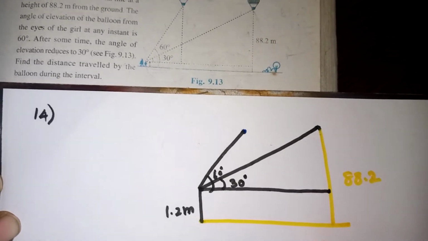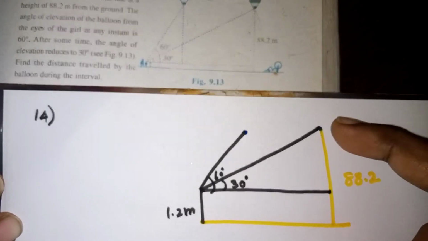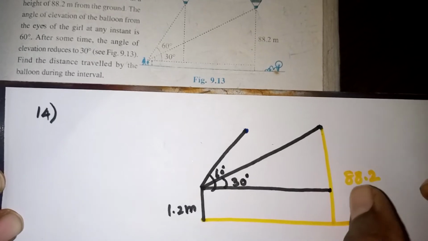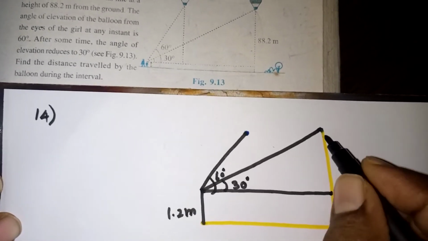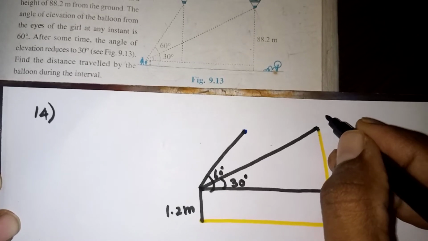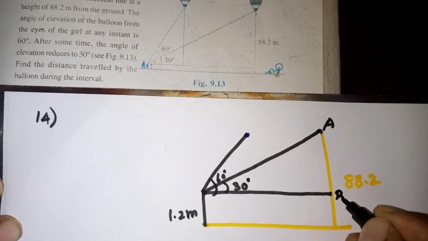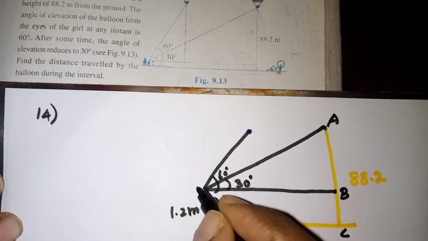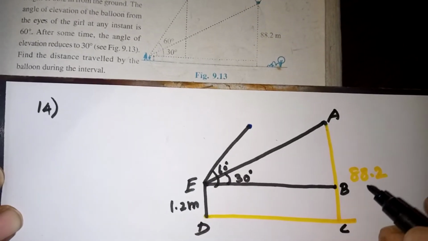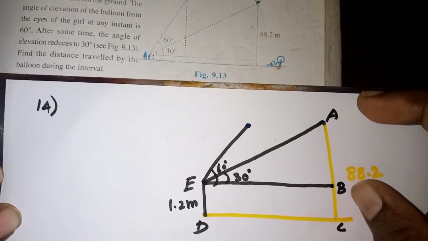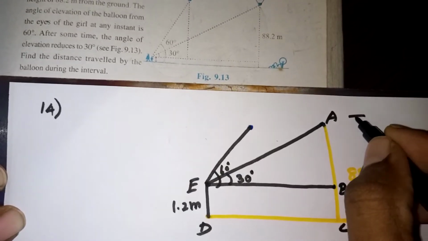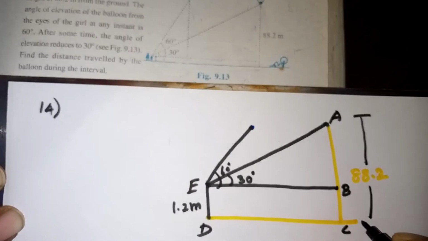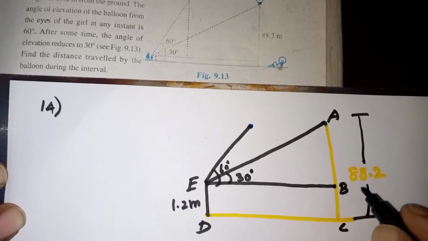Now the first thing we should do: the height of the balloon from the ground is 88.2, but from her eyesight we need to find it. For example, let these points be A, B, C, D and E. I want to find AB, but AC is given as 88.2.